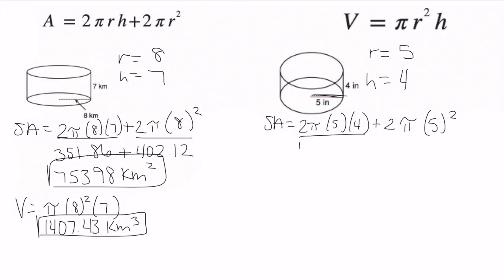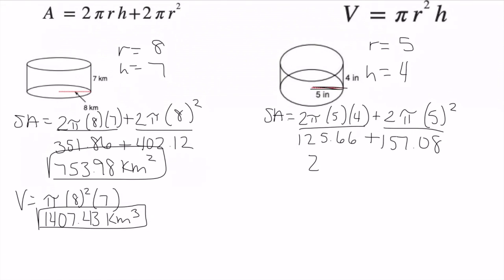So this is going to be 125.66 plus this, which is 157.08. Add those together and you should get 282.74 inches squared.